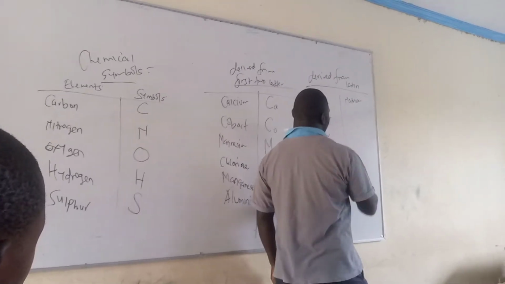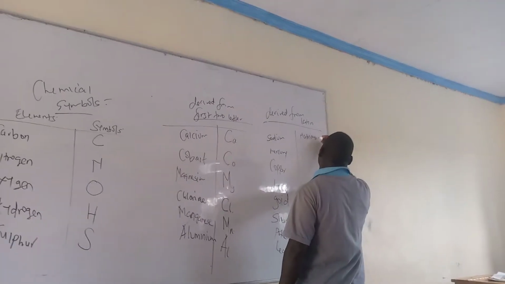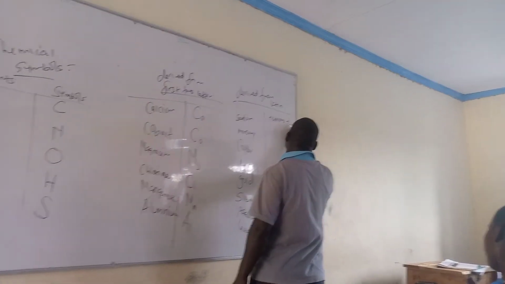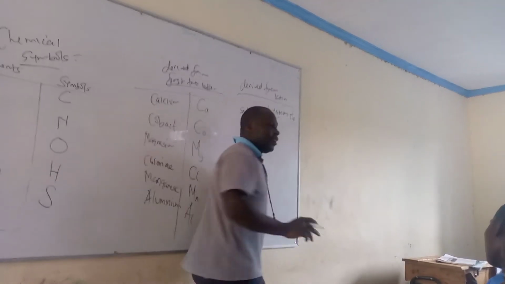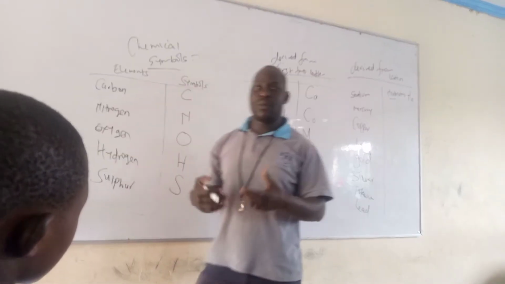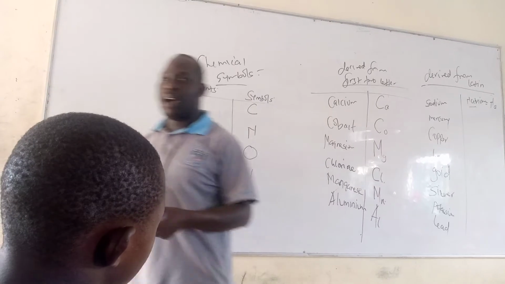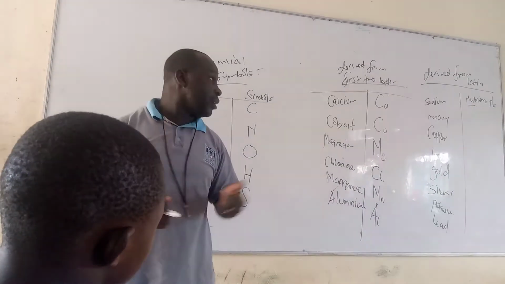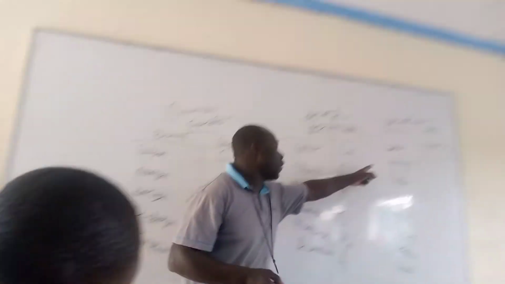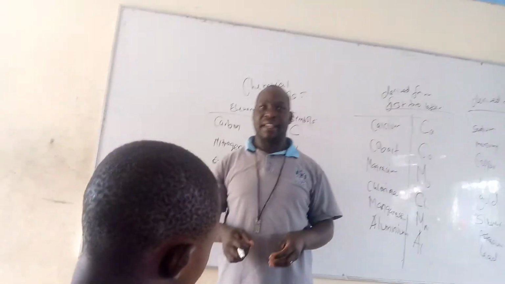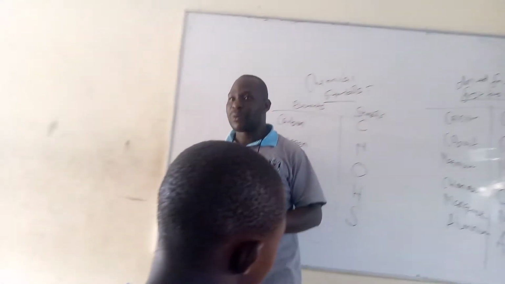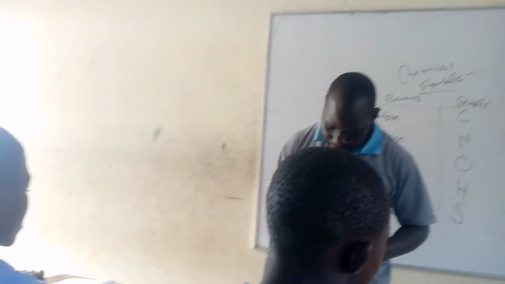Natrium. And therefore the chemical symbol will be capital N, small a. Are you seeing how we are writing sodium now? And why N is coming into existence instead of S? Are we seeing? Because they are derived from Latin words.